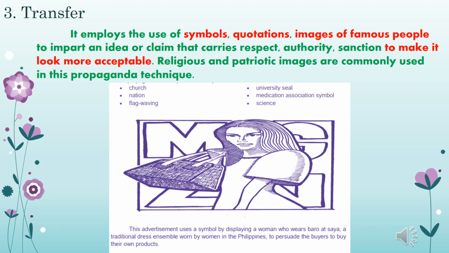For example, the commercial of toothpaste. Okay? So they will show you the symbol or the logo of the Philippine Dental Association. Okay? Meaning they will associate their product to an authority so that their product looks more what? Credible, acceptable, and that people will be convinced to buy it.